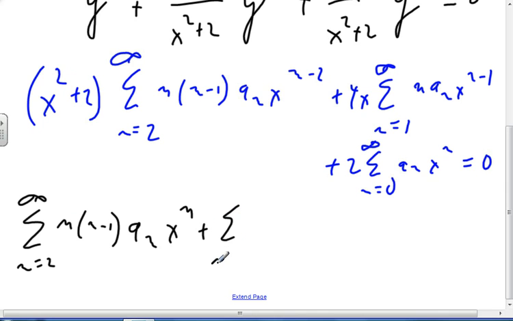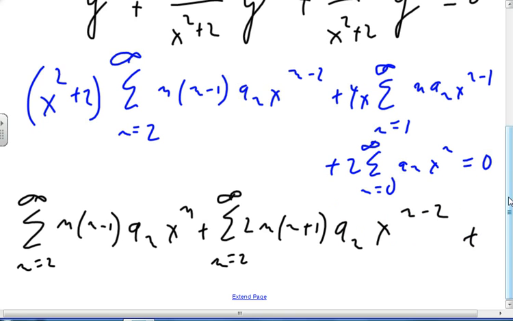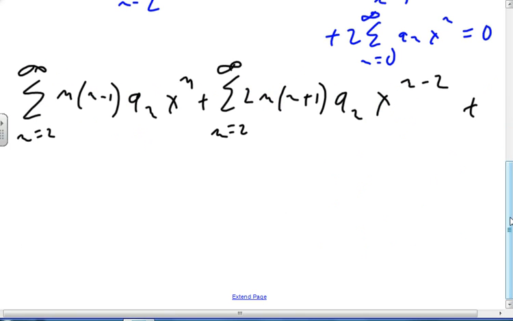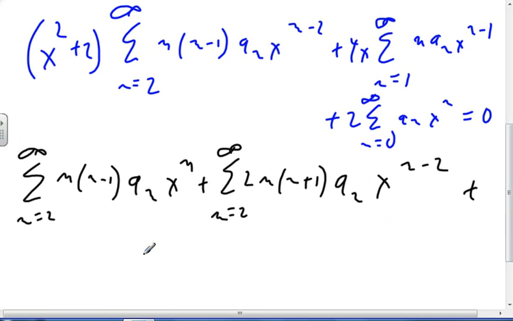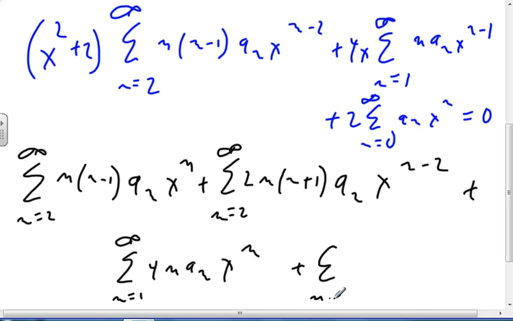Plus summation n equals 2 to infinity, 2 n times n minus 1, a n x to the n minus 2, plus summation n equals 1 to infinity, 4 n a n x to the n, plus summation n equals 0 to infinity, 2 a n x to the n is equal to 0.